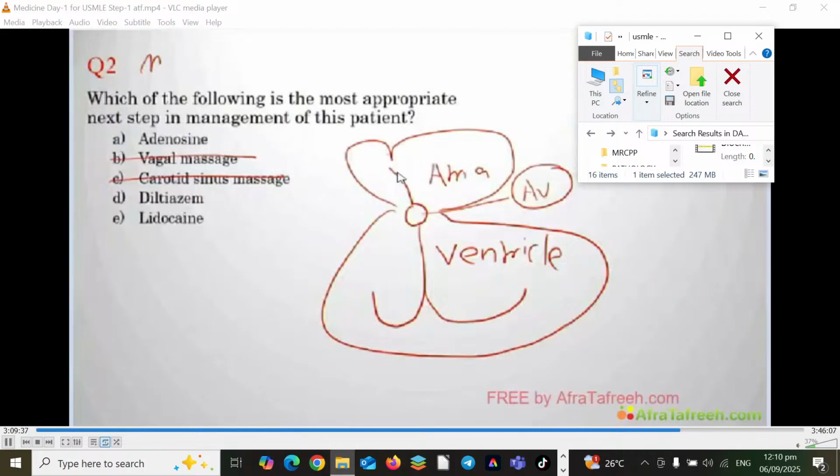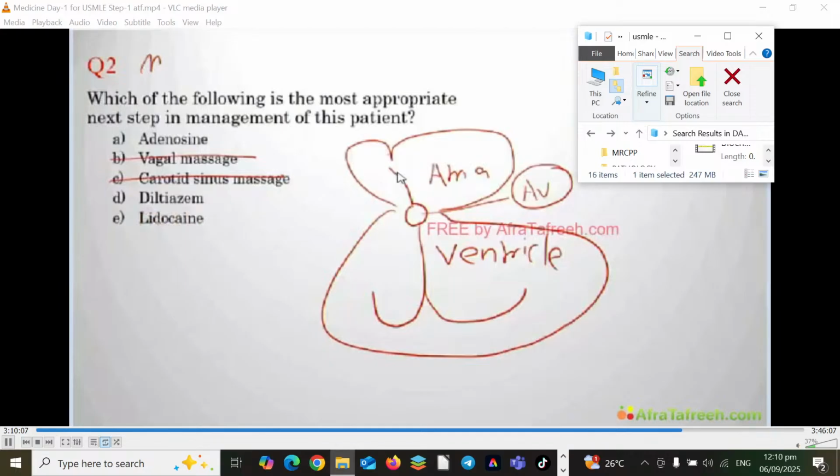Controlling the ventricles is always the first priority. When you say control the ventricle, it is called rate control. Clear? When you say control the atria, it is called rhythm control.